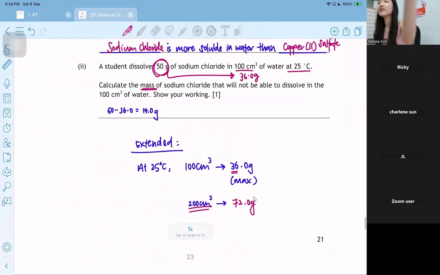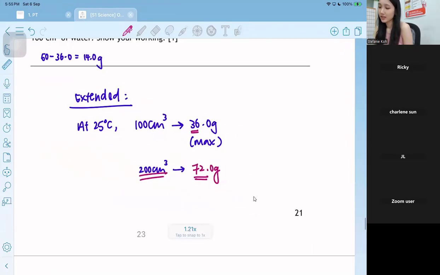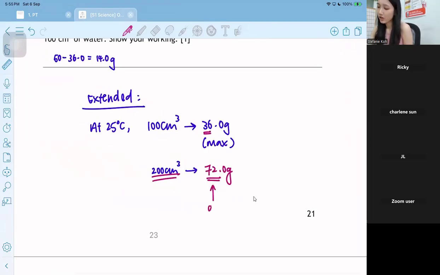So if I pour in 50 grams, will you have any residues? No, because 50 grams, all 50 can dissolve. Okay? All 50 grams will dissolve. So the volume is important. Yeah, at the same temperature. Only at the same temperature, then this will apply.